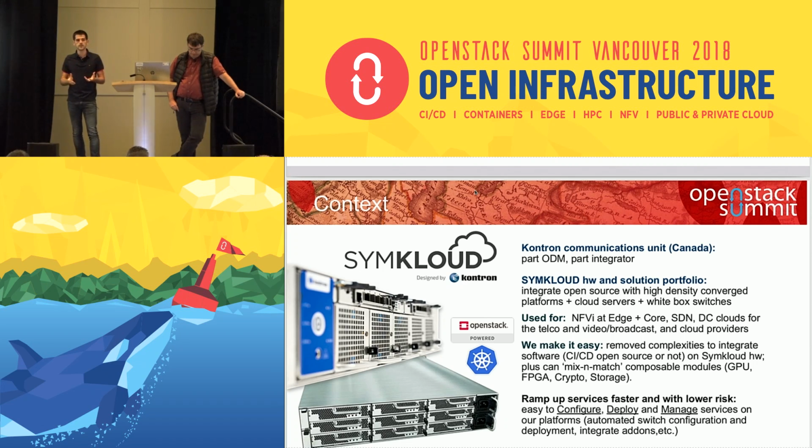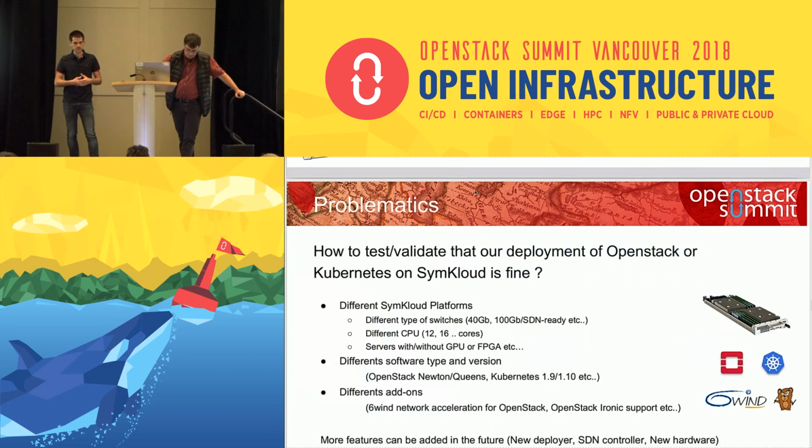And the goal is to make it easy to integrate OpenStack, do some configuration, and after that, click and deploy OpenStack, and also manage it: scaling, upgrade, and integrating add-ons like SFC, for example, or bare metal. So we have these different kinds of flavors. Our problem is to test and validate that OpenStack or Kubernetes is fine on this deployment.